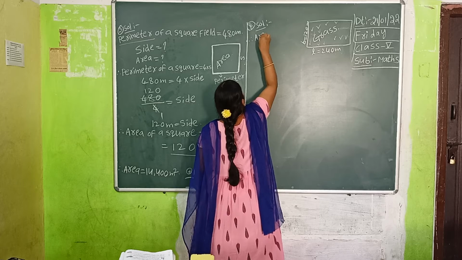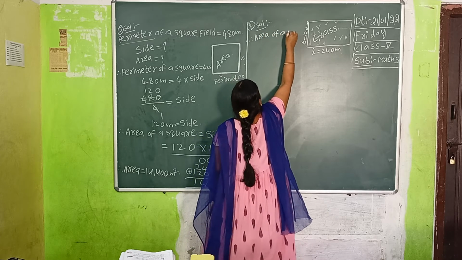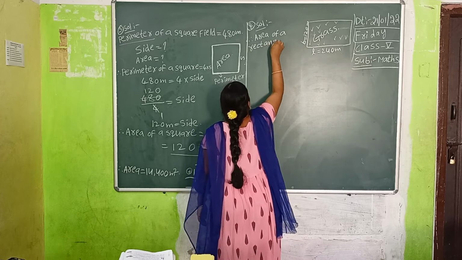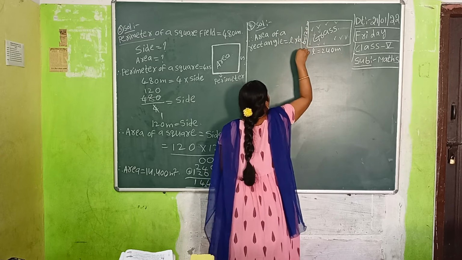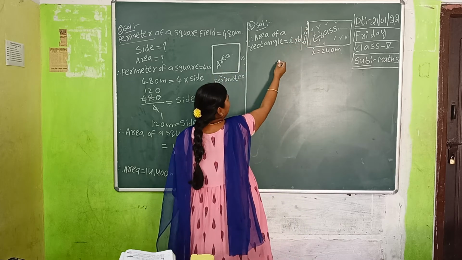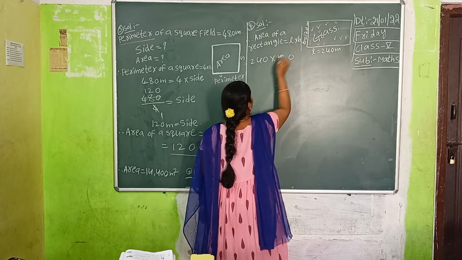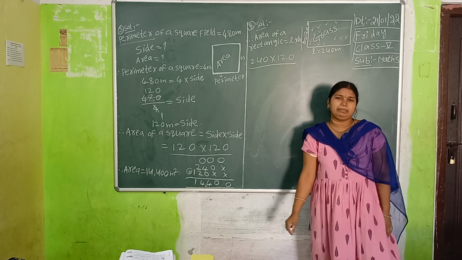Therefore, area of a rectangle is equal to length into breadth. What is the length? 240 into 120. Okay. Now do the multiplication.